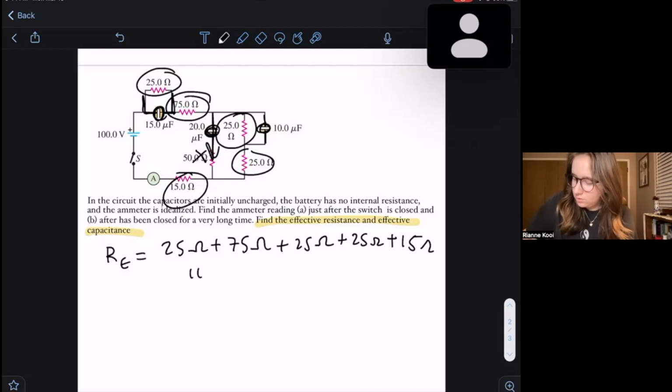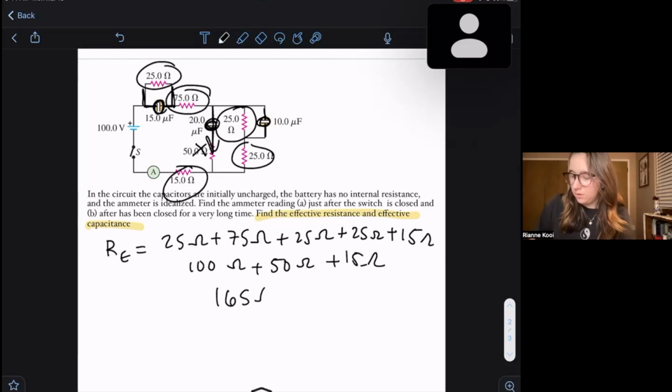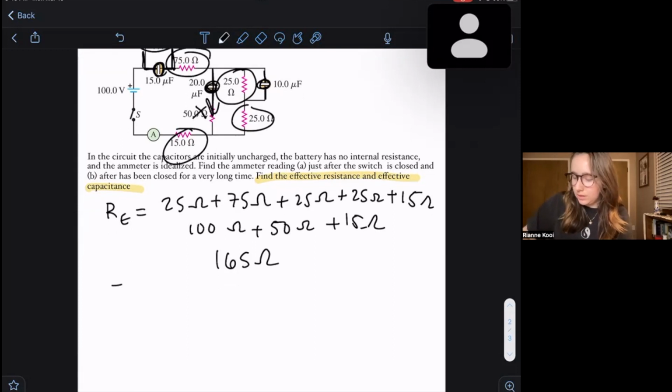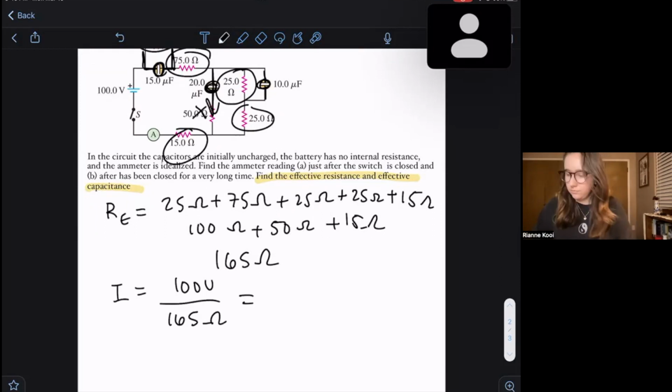So that gives us 100 plus 50 plus 15. So that gives us 165 ohms. And now our current should be 100 volts over 165 ohms, which should give us 1.606 amps.